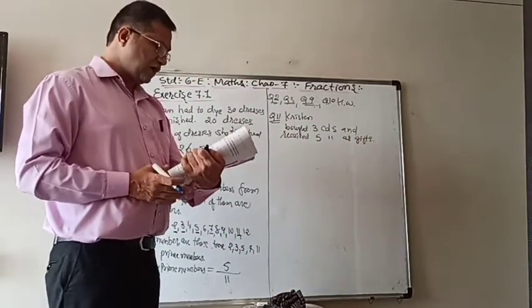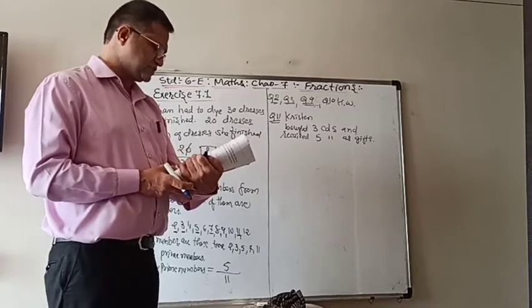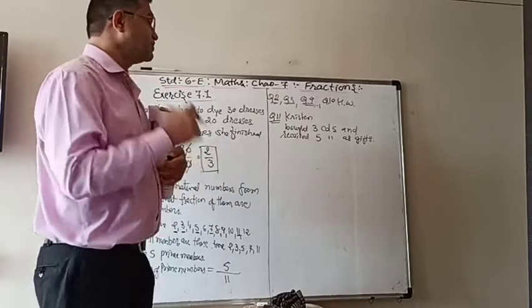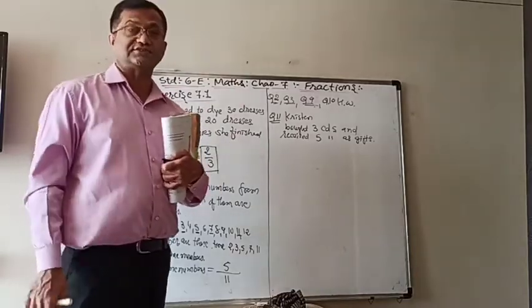So now, what fraction of her total CDs did she buy and what fraction did she receive as gift? So we have to find 2 fractions.